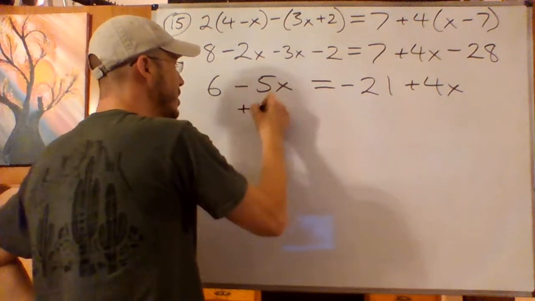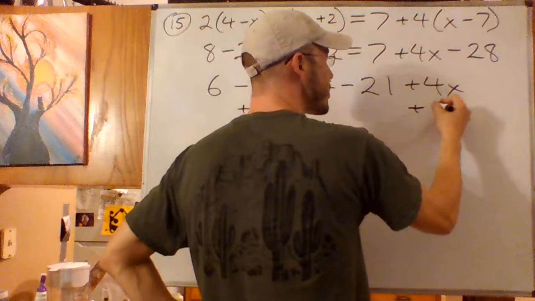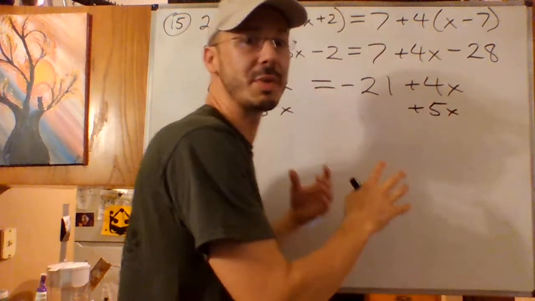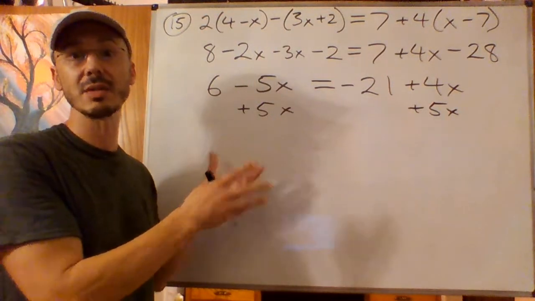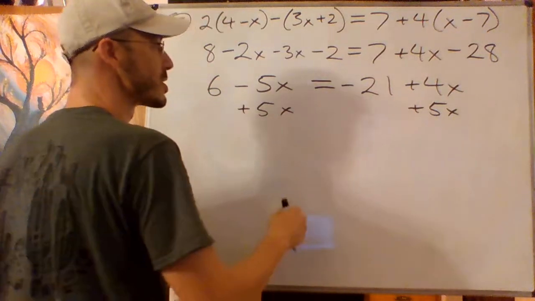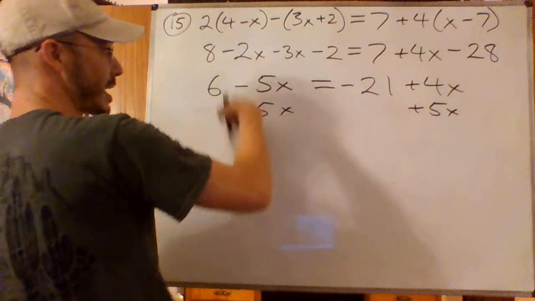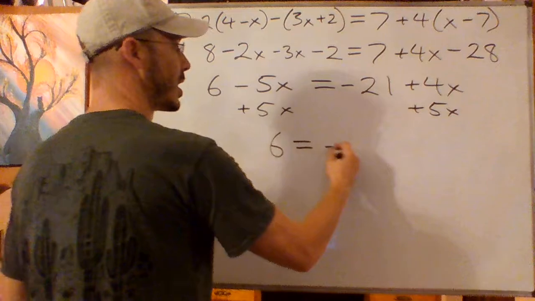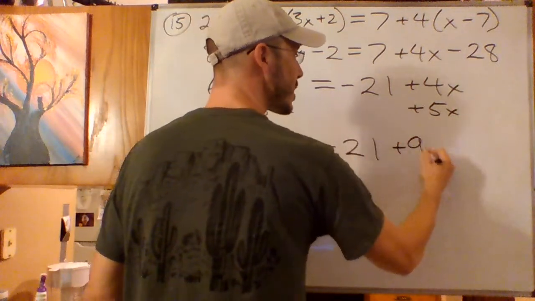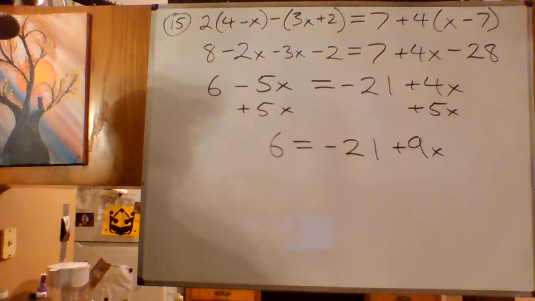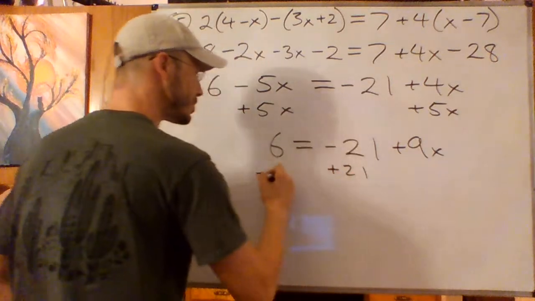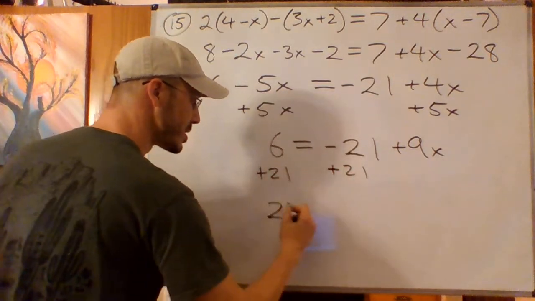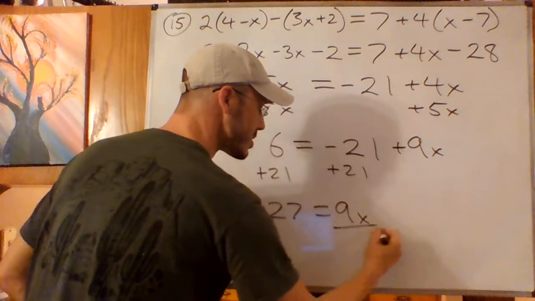Next, I'm going to add the 5x to both sides. Another choice would be to subtract the 4x from both sides, but this will do, and it'll get the same answer. So they cancel here and leave just 6, and then over here I have negative 21 plus 9x. Now I'll add the 21 to get 27 equals 9x.